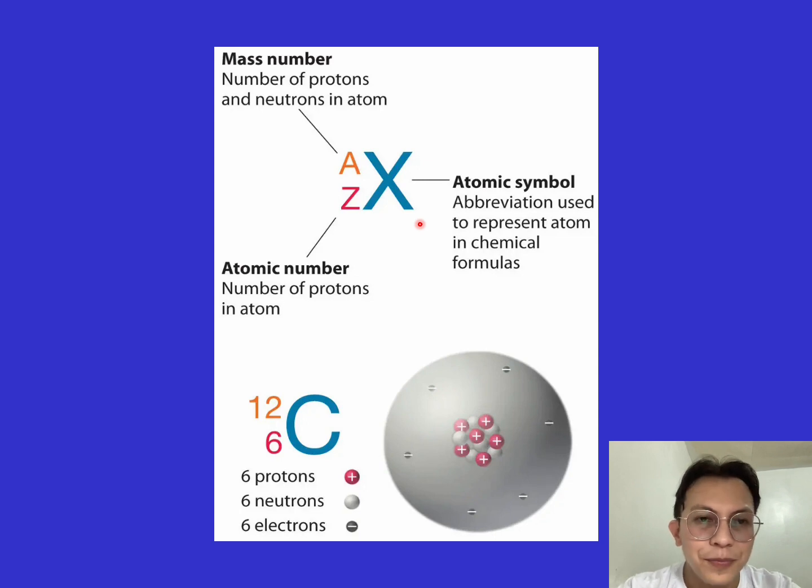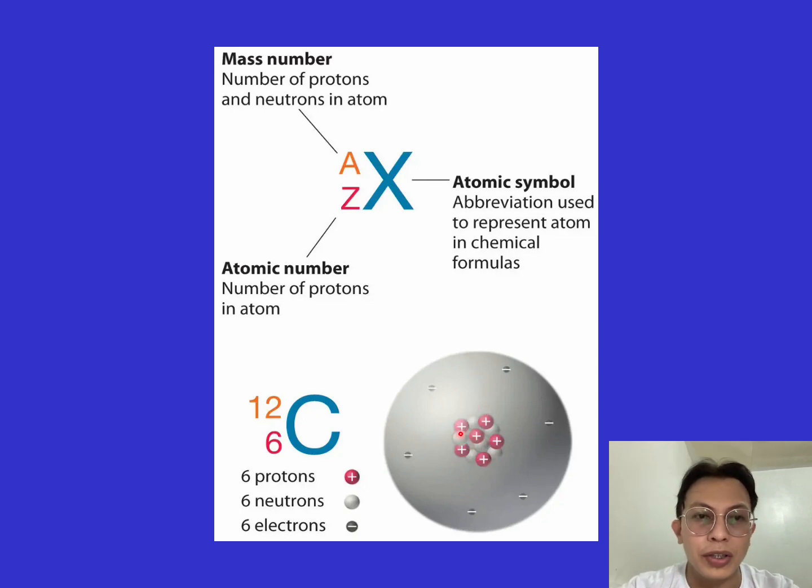And above that, you have the letter A there, that's usually the mass number. So the mass number is the aggregate or the total number of protons and neutrons, counted all together, because as you know, protons and neutrons are found inside the nucleus. So we have protons, which are positively charged subatomic particles, and neutrons, which have no charge.